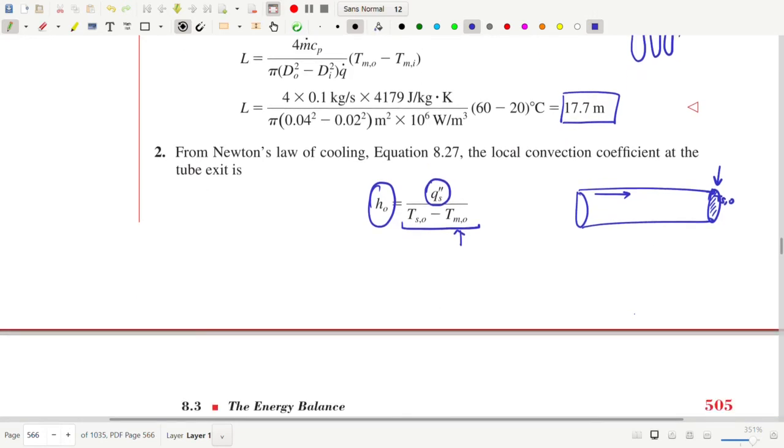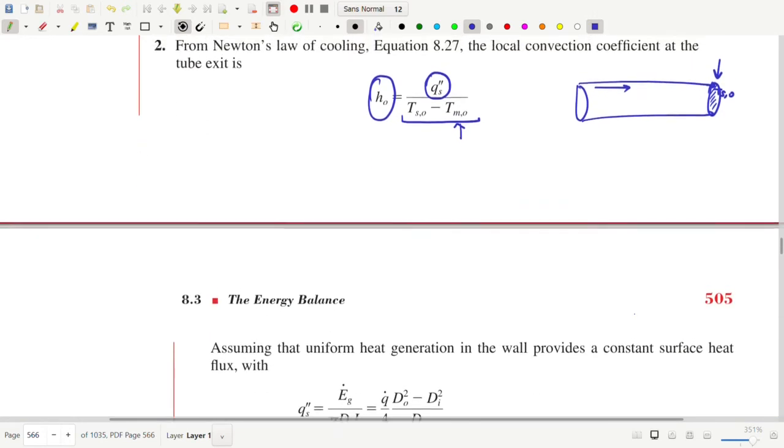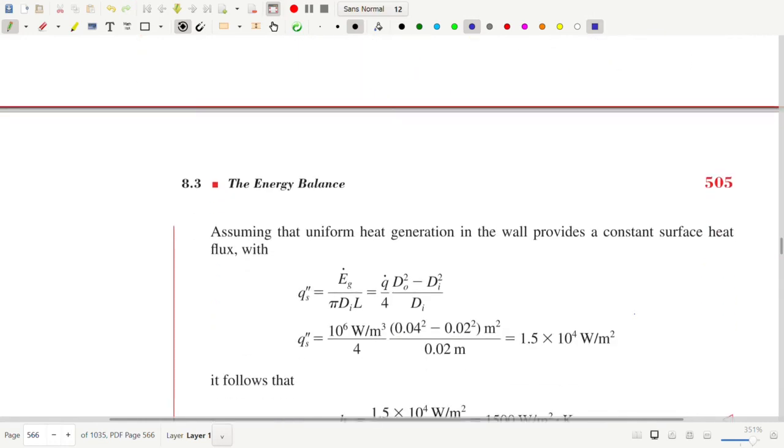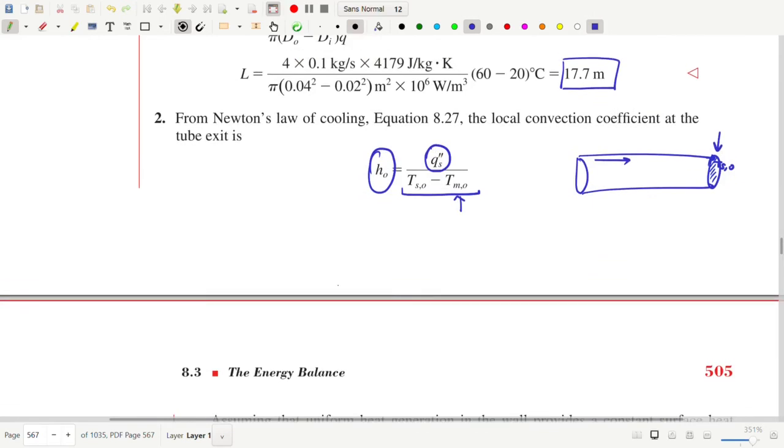In this case, Qs double prime is not known, but since the total amount of energy generated by the heater is given over the whole length of the pipe, we can assume that this energy is uniformly distributed, because the heating element heats all parts of the pipe uniformly.